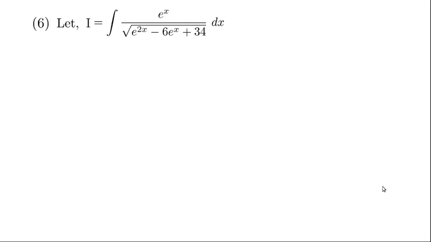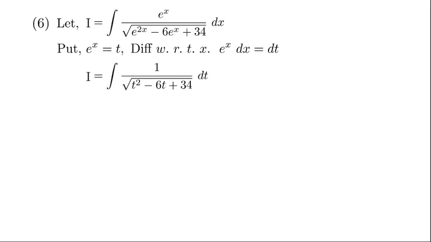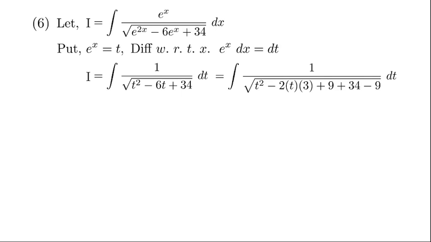Here also it is clearly seen that the derivative of e raised to x is e raised to x. So put e raised to x equal to t, differentiate with respect to x: e raised to x dx equal to dt. So on substitution the problem converts to integration of 1 upon root of t square minus 6t plus 34. Again we have to make a part of the denominator a perfect square.